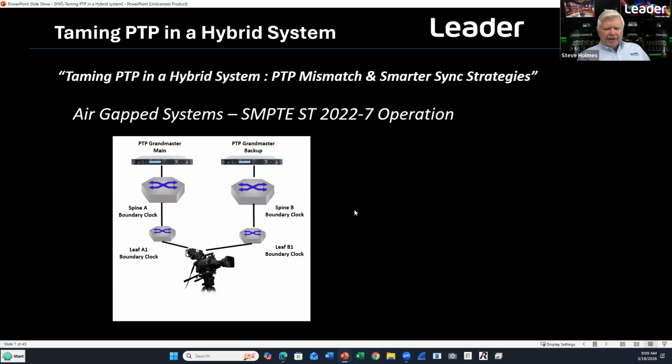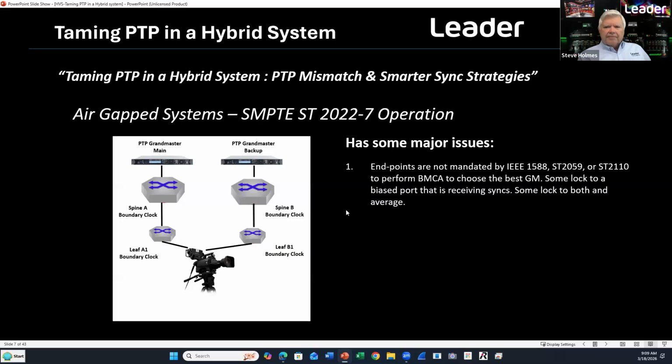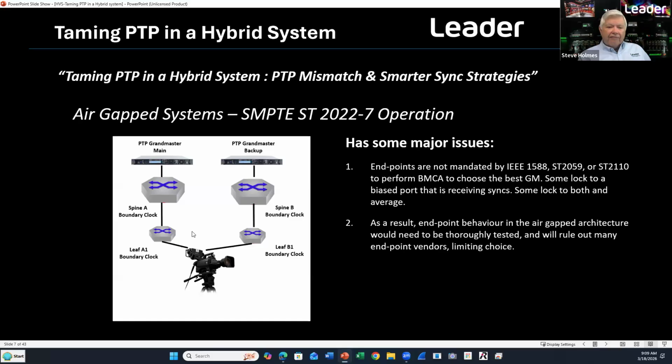The problem is that endpoints don't have to obey the BMCA, the best master clock algorithm that chooses which generator you're going to lock to.